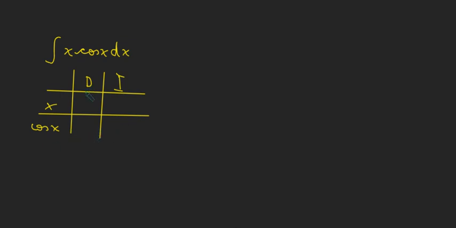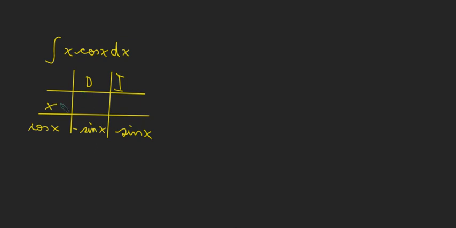The derivative of cosine of x is minus sine of x, and the integral of cosine of x is sine of x. So here, let me put sine of x. See, it is about the same effort and about the same result, except for the sign.